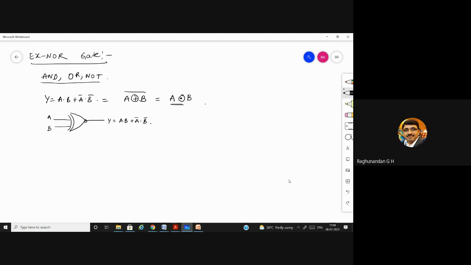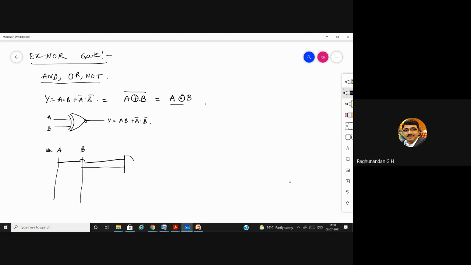Now coming to the circuit diagram for this, ab plus a bar into b bar. So we'll take a, b. As I told, you can take it horizontally or vertically. I'll prefer writing it vertically. So a, b.